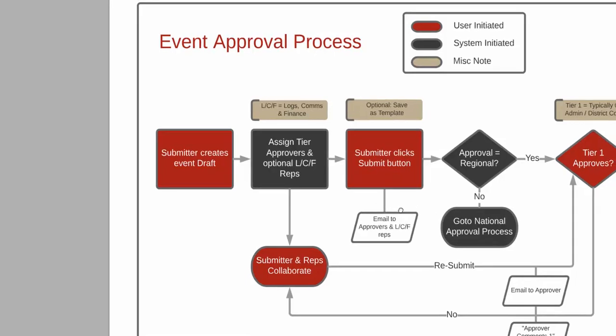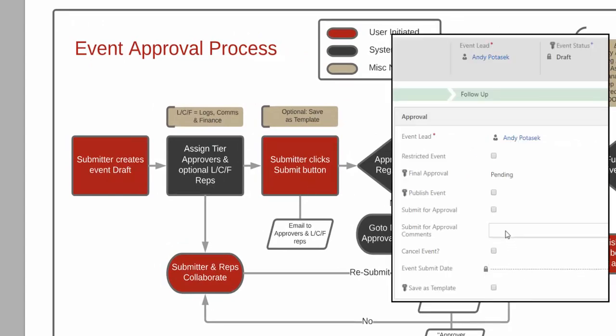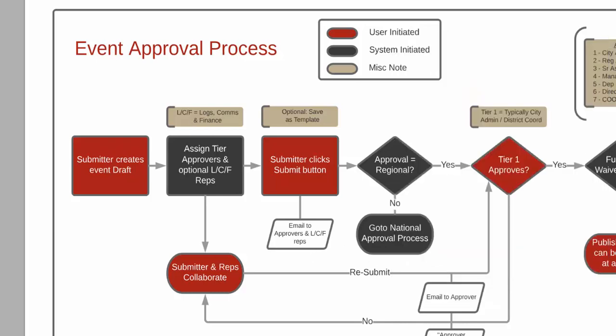At some point, the submitter is going to feel like everything's ready and good to go, so they're going to hit the submit button that's located inside the submit area of the event form. Once that happens, that's going to trigger the approval process, and that process starts with an email to the approvers as well as the LCF reps, who by this point have not actually received any type of notification, but would now.